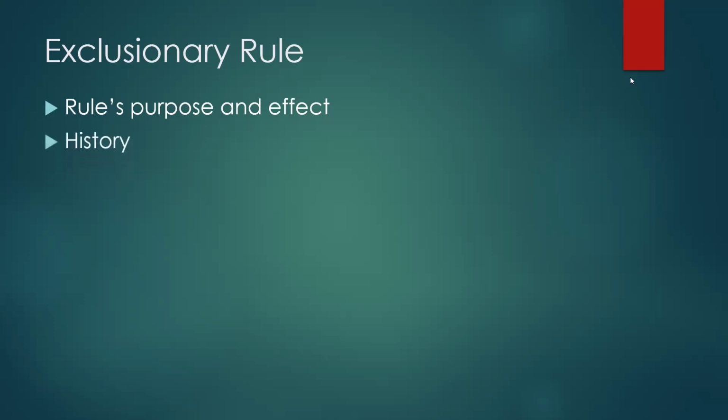Look for a minute at how we came to have this rule. It was first used and applied in the early 1900s. It was recognized by a Supreme Court decision as being essential to due process in 1914. But that was in a case involving a federal prosecution.